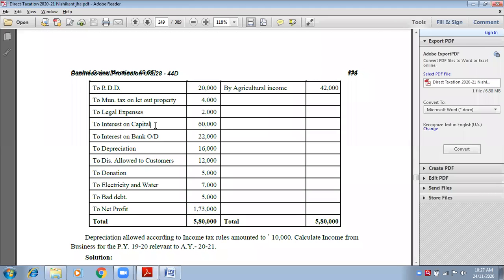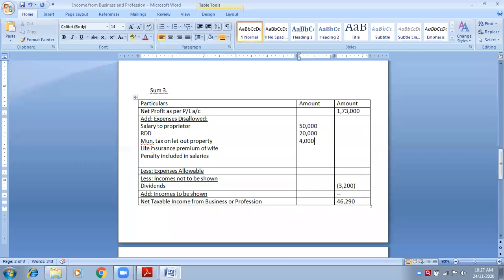Interest on capital. Always remember, interest on capital is disallowed because it is the proprietor's capital. So, interest on proprietor's capital is a personal expense. It is personal. It is not a business expense. So, interest on capital 60,000 always disallowed. Similarly, salary to proprietor is always disallowed.